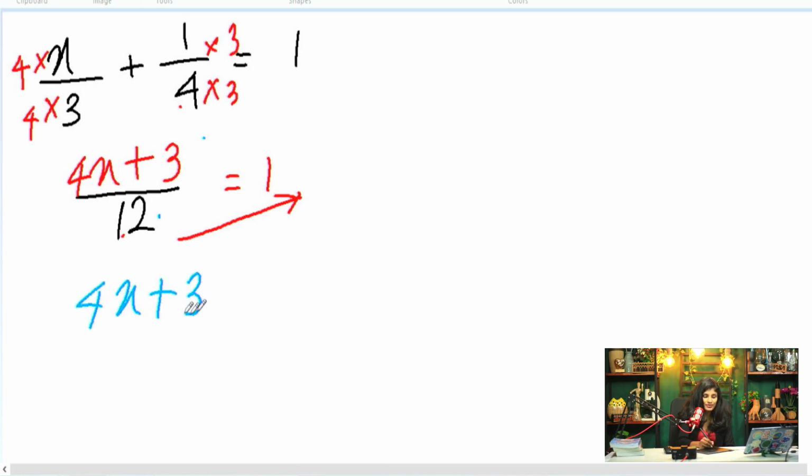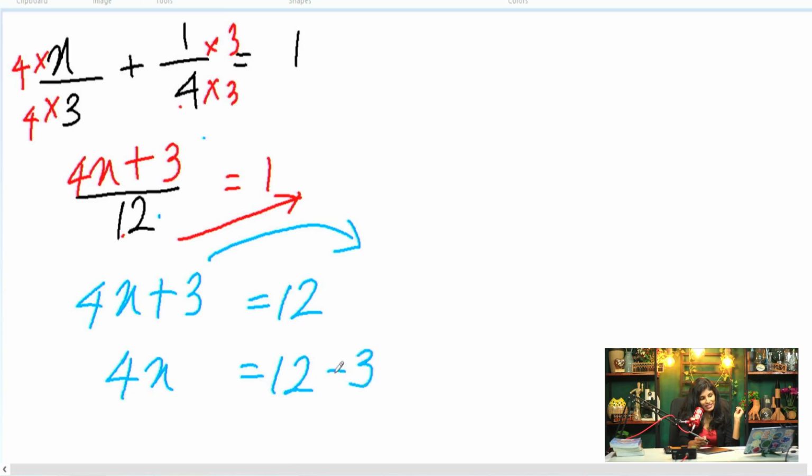4x plus 3 equals 1 multiplied by 12, which means 12. Now, carrying 3 to the other side, this kind of simple equations we have been discussed in the first video of this series. If this is little bit harder for you, you can just watch that video also. Okay, so 4x equals 12 minus 3.